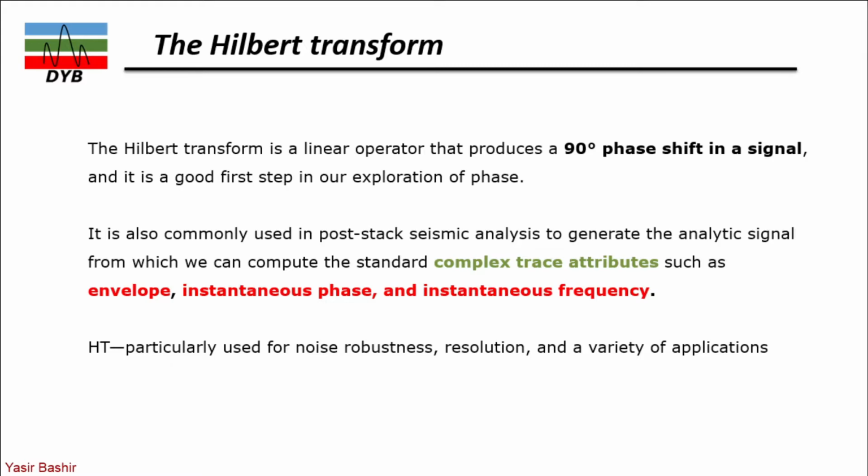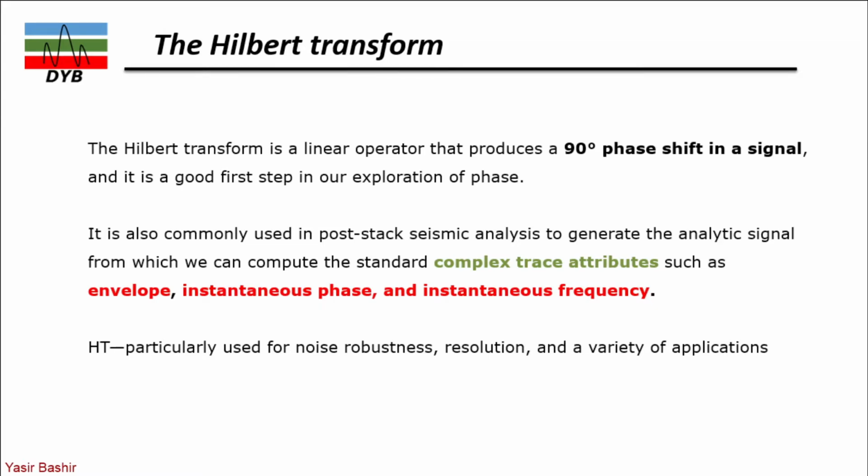The Hilbert transform is actually a linear operator that produces a 90-degree phase shift in a signal. I mean, we have different traces with different phase shifts.